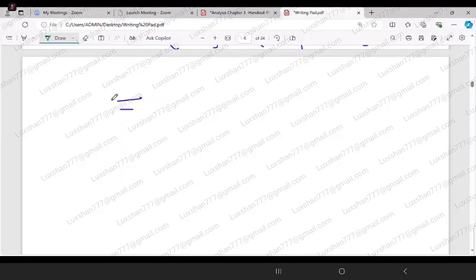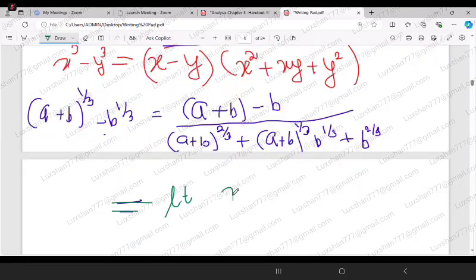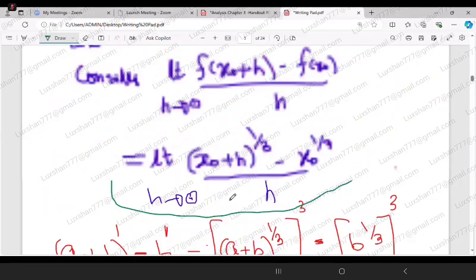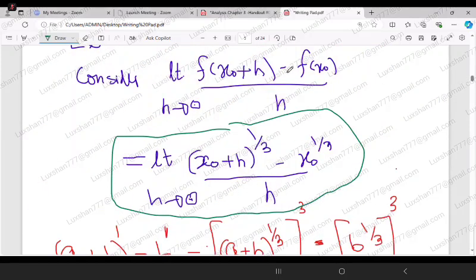So that is equal to the limit, I can write it, x naught plus h minus x naught, because my a is x naught plus h minus x naught.